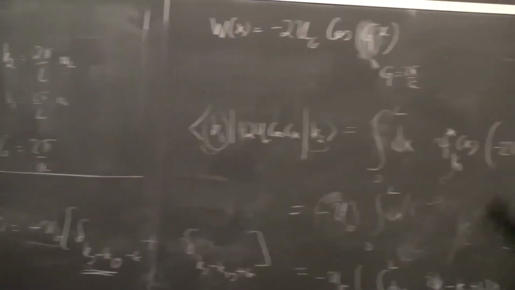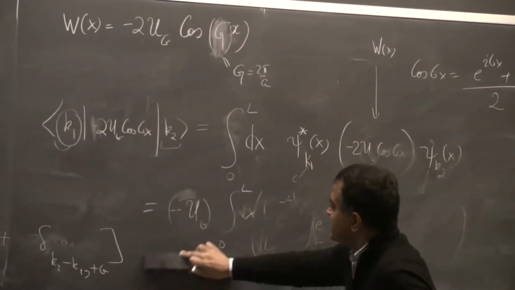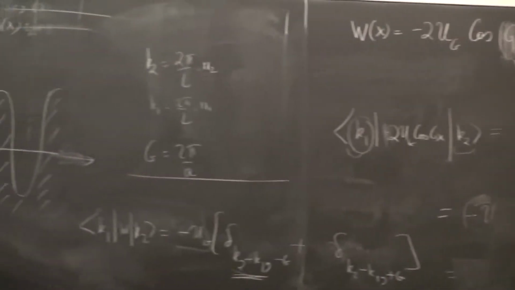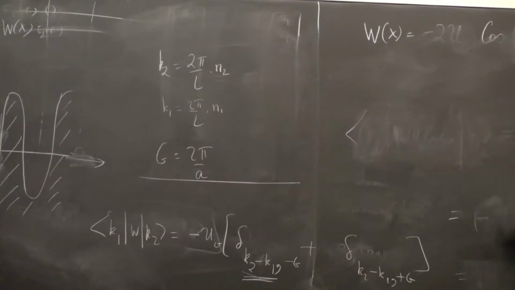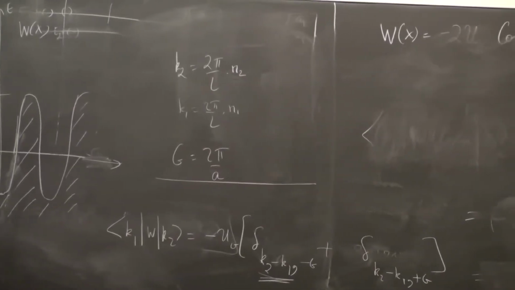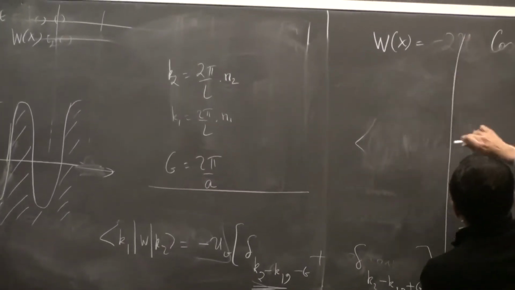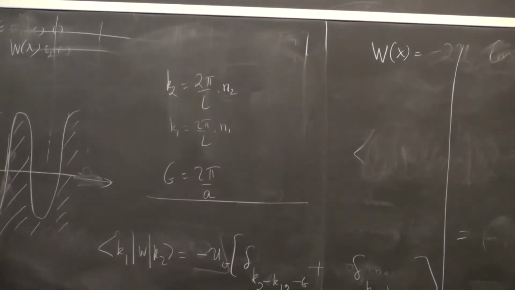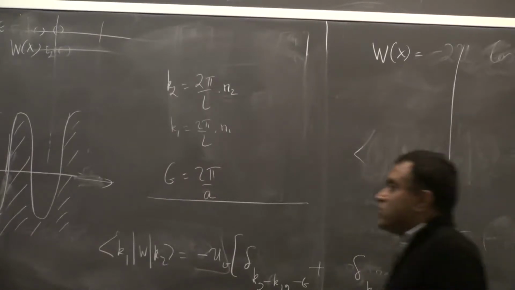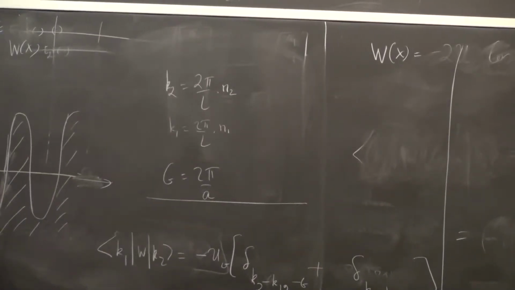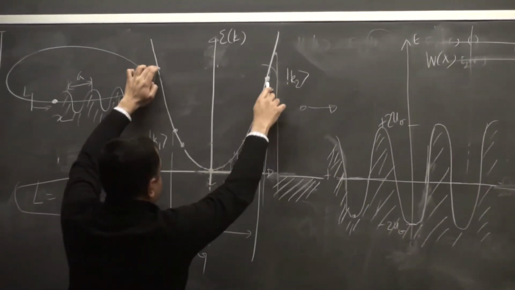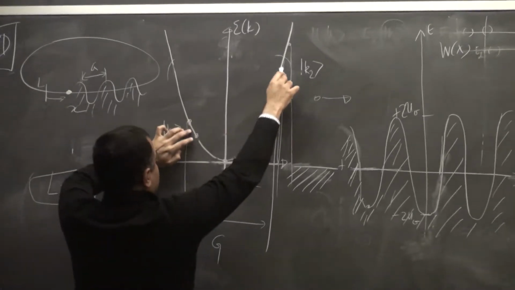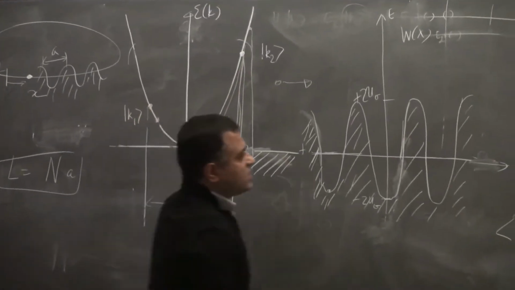So I'm going to go back now, erase this, and look at the matrix. And I will post this write-up as well in the updated set of notes. So what it also means is if I choose to work with a restricted number of states here, let's say I only choose to work with this many states in my Hamiltonian matrix, you can see that as long as they're separated by G, they will get coupled.